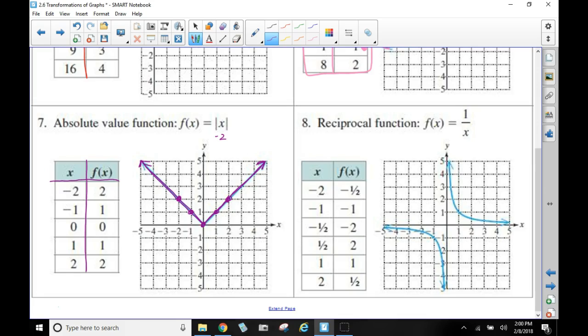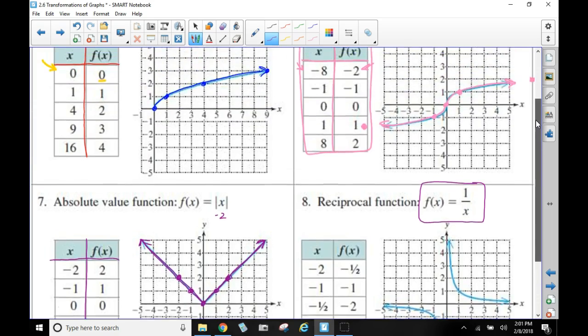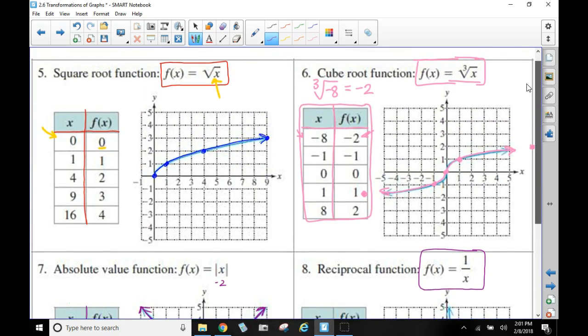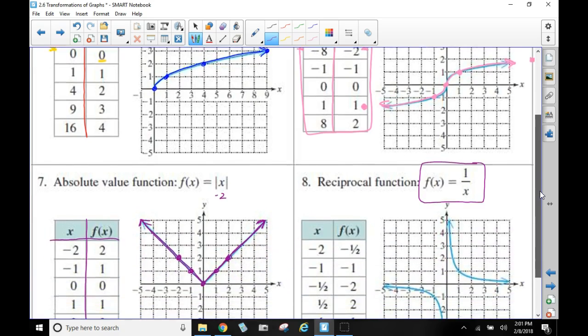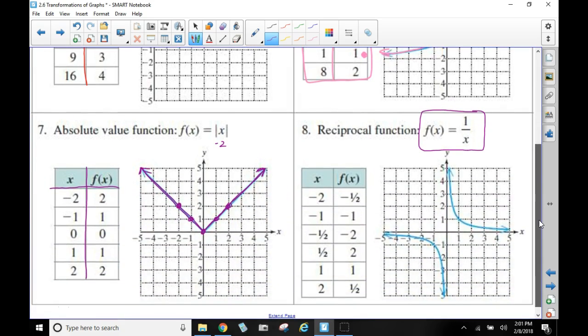Okay. Now, for our reciprocal function, that's what this is called. This is our very most basic graph of a rational function. f of x equals 1 over x. Okay? Now, notice that we don't want negatives underneath a radical. That's a situation that we have to avoid. Also, we don't want 0 in the denominator.